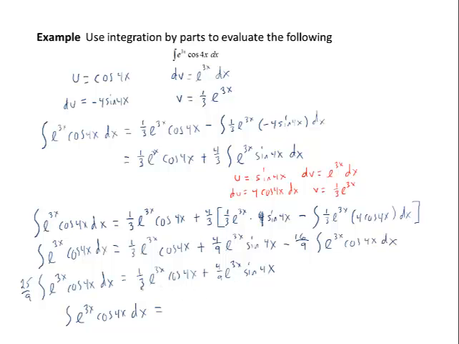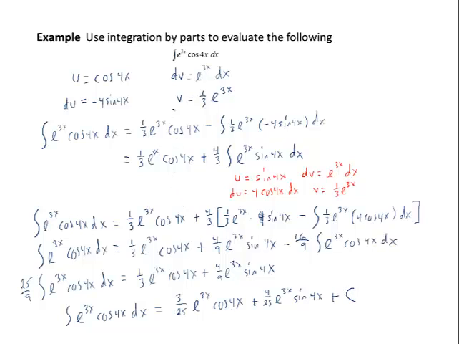And if I multiply everything over here by 9/25, I will get 3/25 e to the 3x cosine 4x plus 4/25 e to the 3x sine 4x. And then don't forget the constant of integration c.